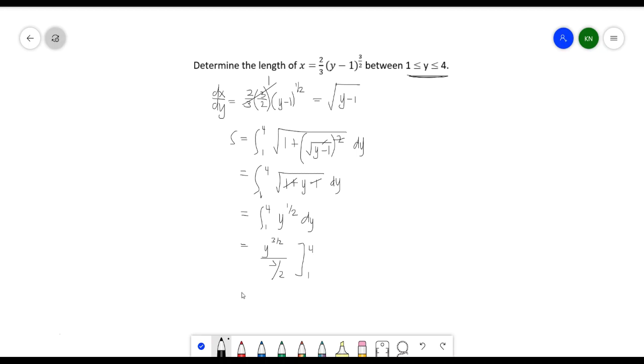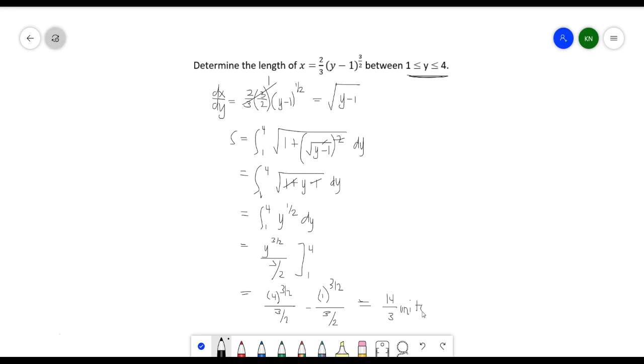So substituting our upper and lower limits to our resulting equation, we have 4 raised to 3 halves all over 3 halves, minus 1 raised to 3 halves over 3 halves. Now, as we all know, if we calculate this one, this is equivalent to 14 over 3 units.